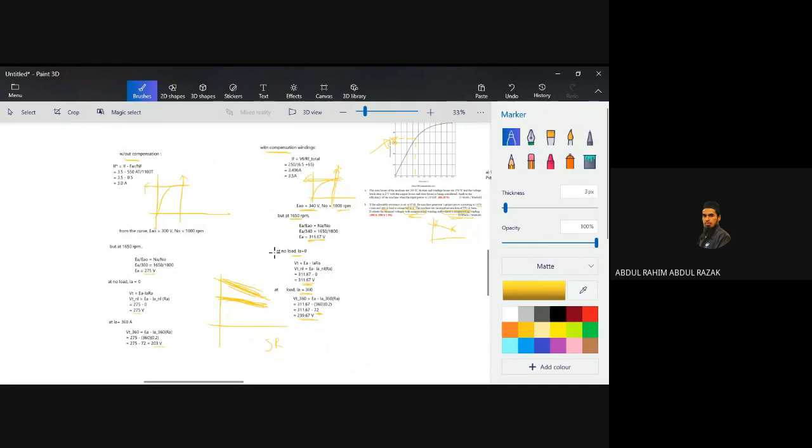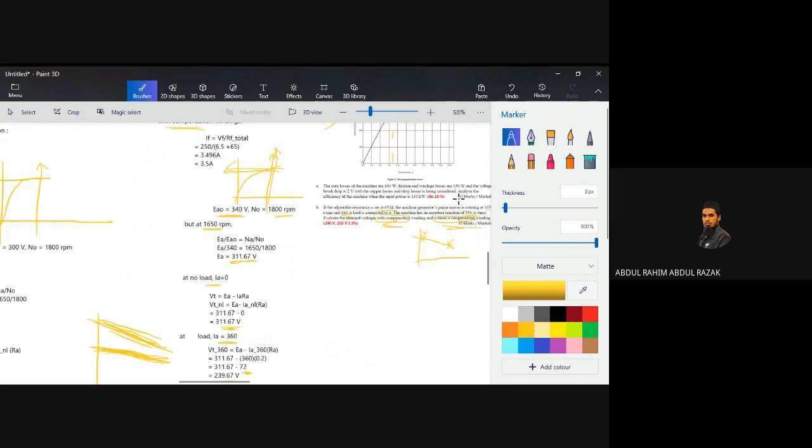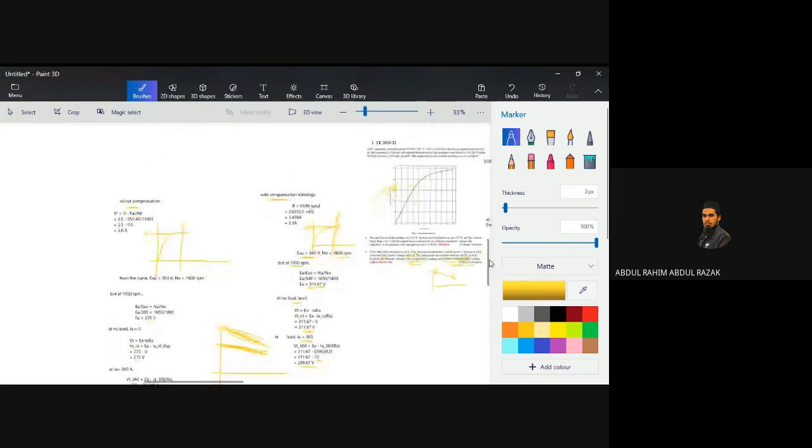Or B? Ada soalan lagi untuk bahagian satu ni? Ada soalan? Tak ada, sir. Oh, we have C. Oh, we have C for this question. Yeah.